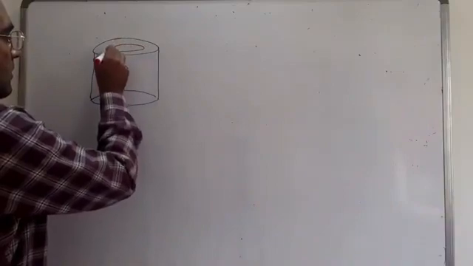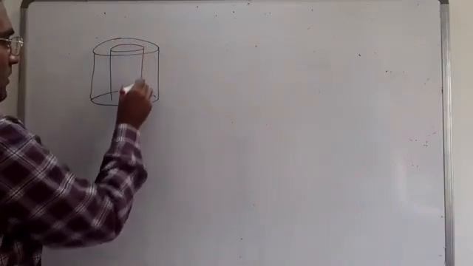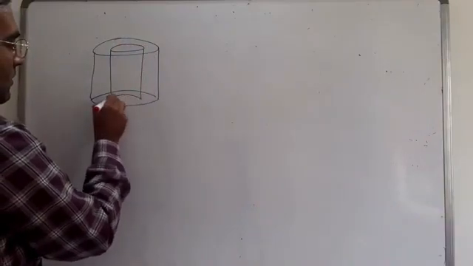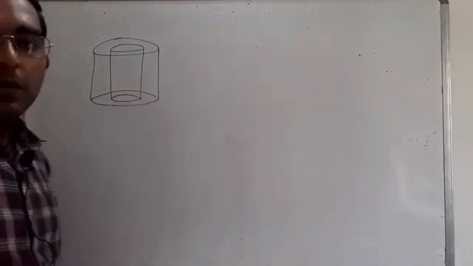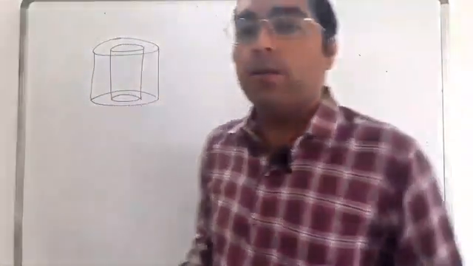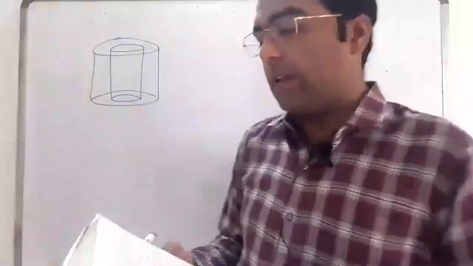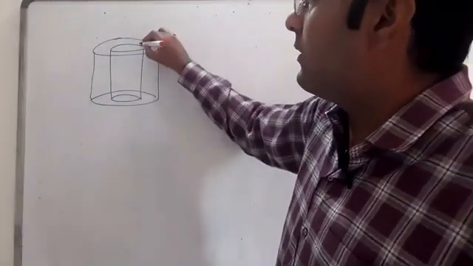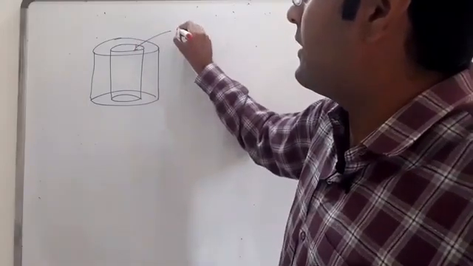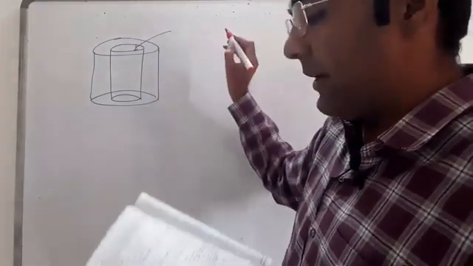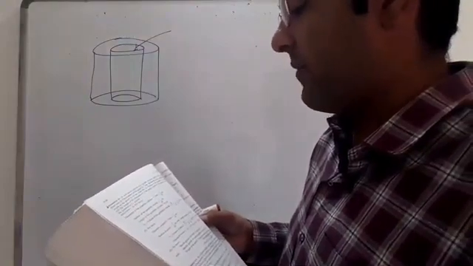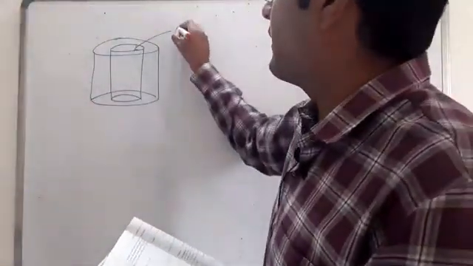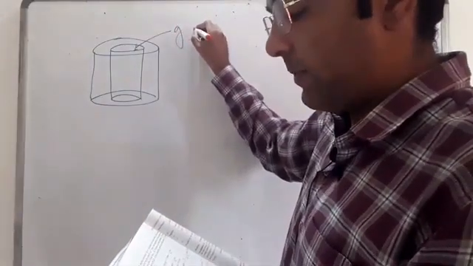Now they tell us that this cylindrical portion is a lead, there is graphite lead in the pencil.